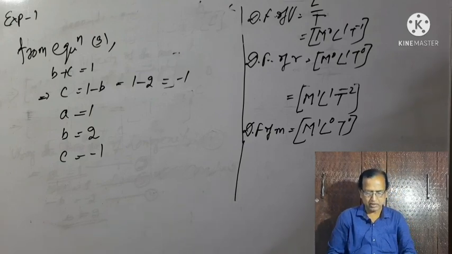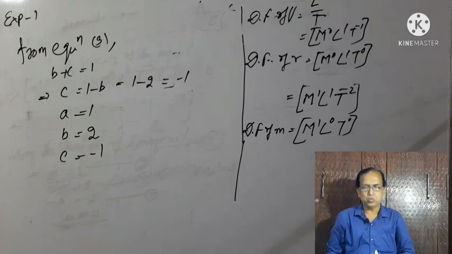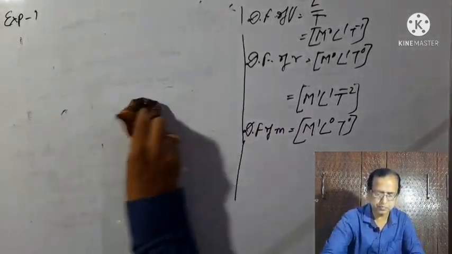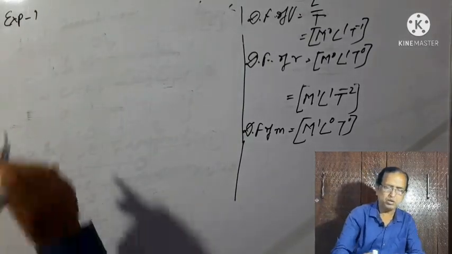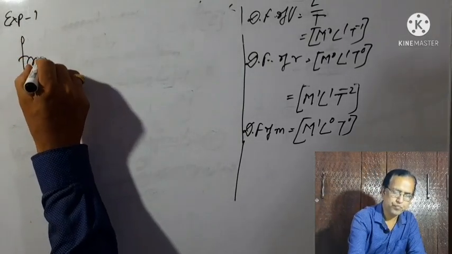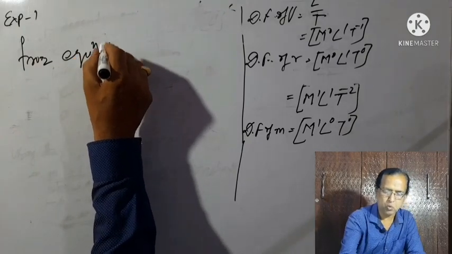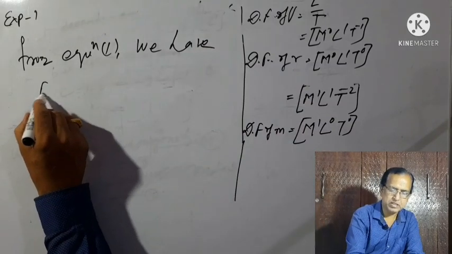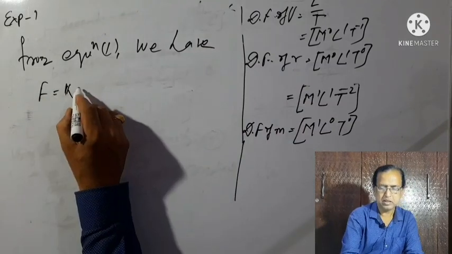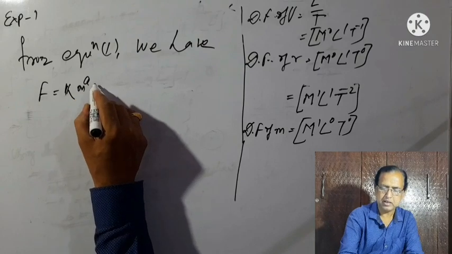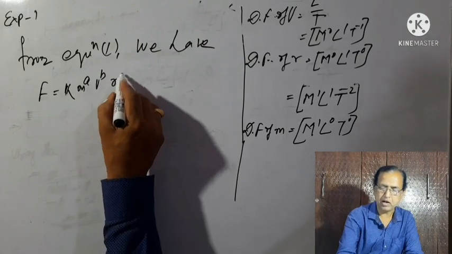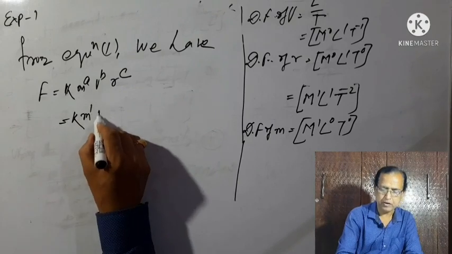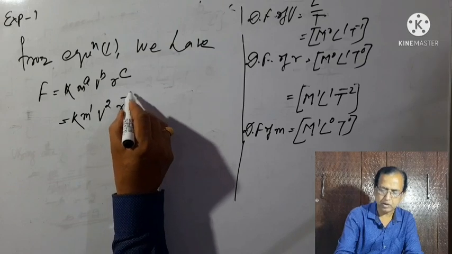Now put these values of a, b, c in equation 1. From equation 1, F is equal to K, M to the power a, V to the power b, R to the power c. That is K, M to the power 1, V to the power 2, R to the power minus 1.